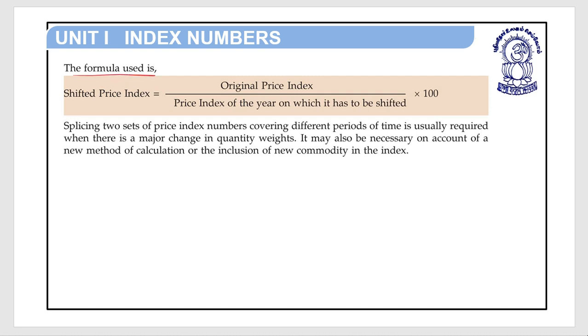The formula used is: shifted price index is equal to original price index divided by price index of the year on which it has to be shifted, multiplied by 100.